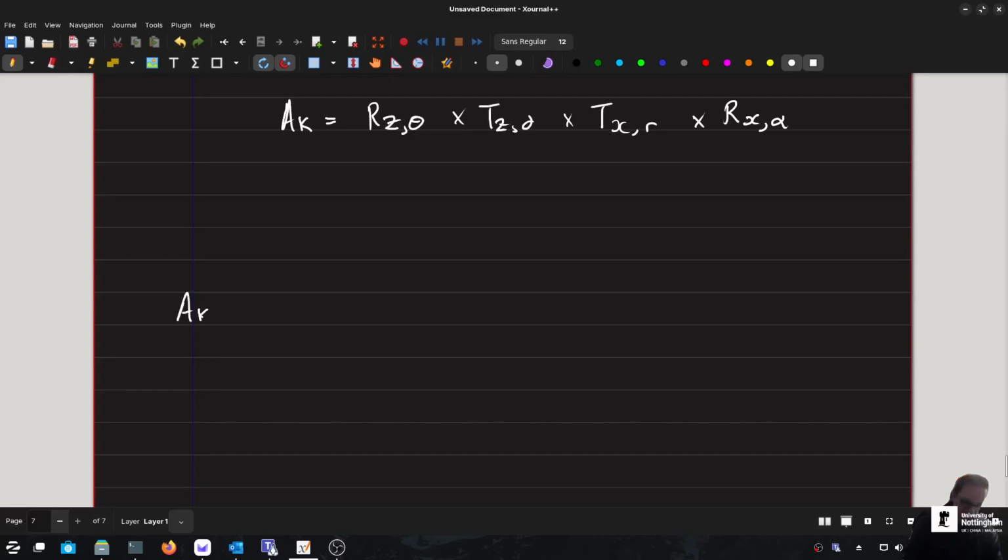That AK is equal to, now let's see if I can fit this on the page.